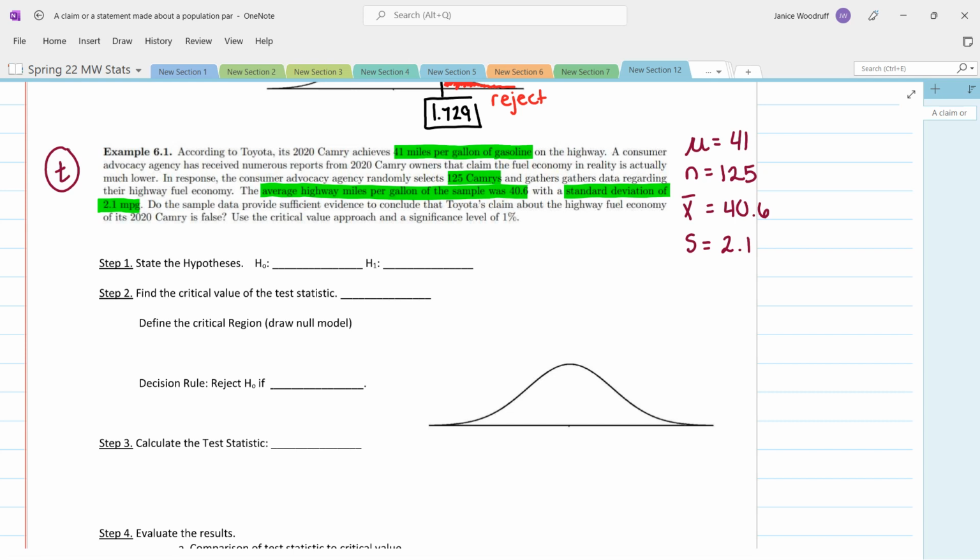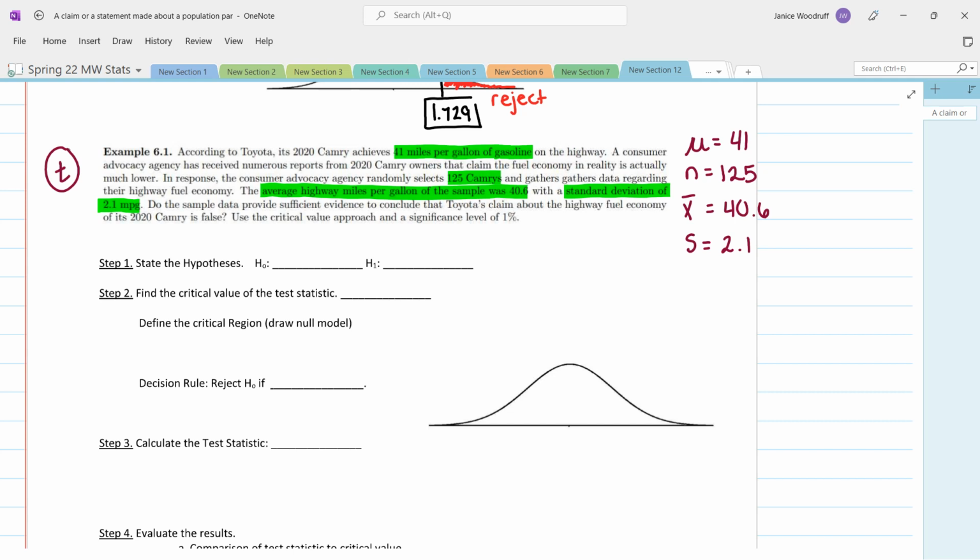Let's see here. So first thing, hypothesis test. Okay, we know we're using T. We want the null and the alternative. So the question says, do the sample data provide sufficient evidence to conclude Toyota's claim about the highway fuel economy is false? So true or false, okay, when we're looking at the hypotheses, it's going to be not equal to, less than, greater than.